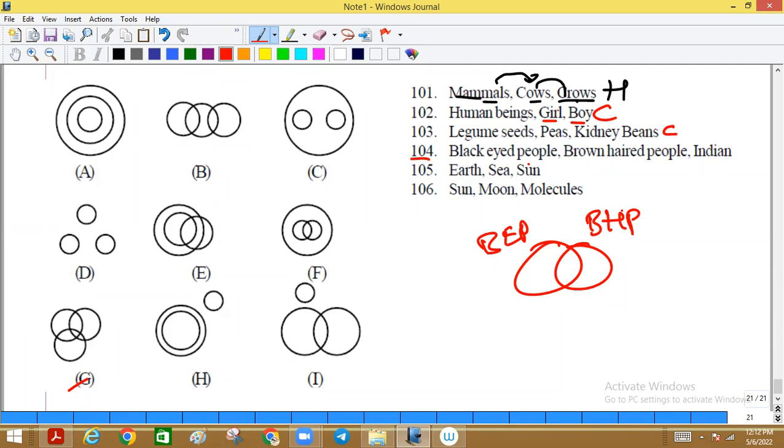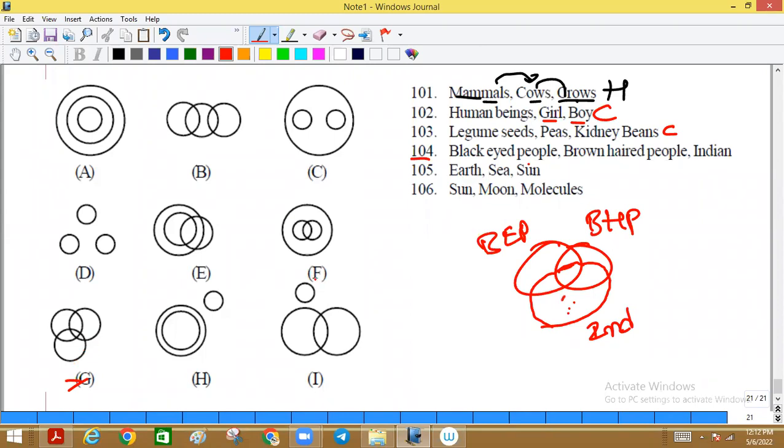We are talking about people, and people are there outside India also. Some Indians will have both brown hair and black hair, and some Indians will have only black eyes. There are other people who have neither black eyes nor brown hair. So G is the correct answer.